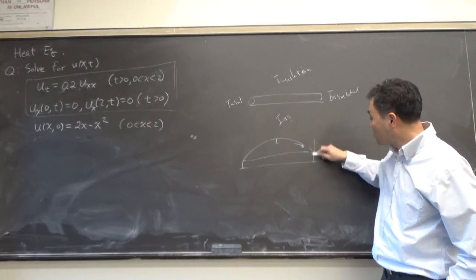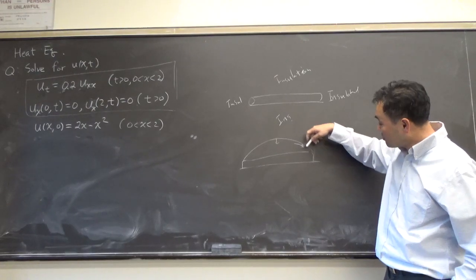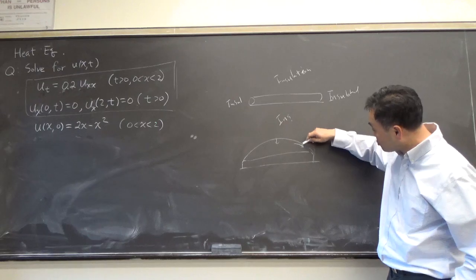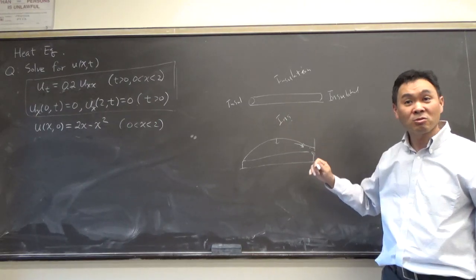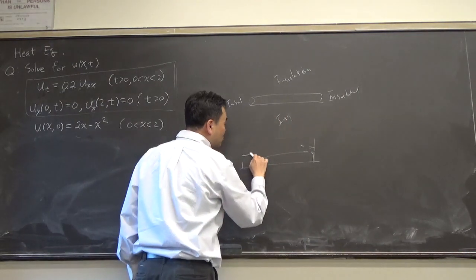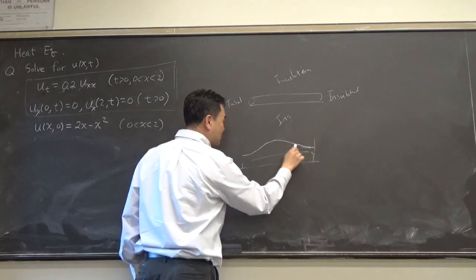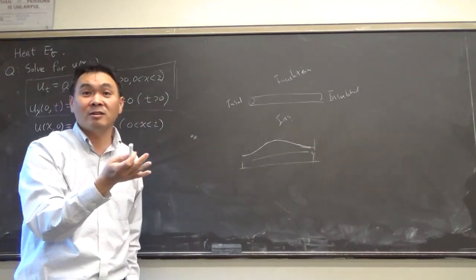But because it's insulated, it's not going to go to 0, and the heat that flows in here is going to raise the temperature here. You get that? So the heat evolution after a little bit of time will be a bit more flat, but it'll be like that. This endpoint will be raised slightly, right?